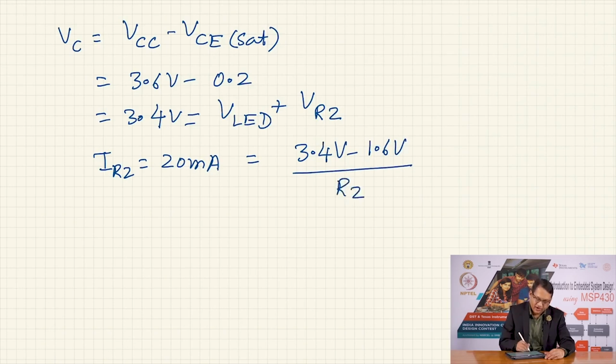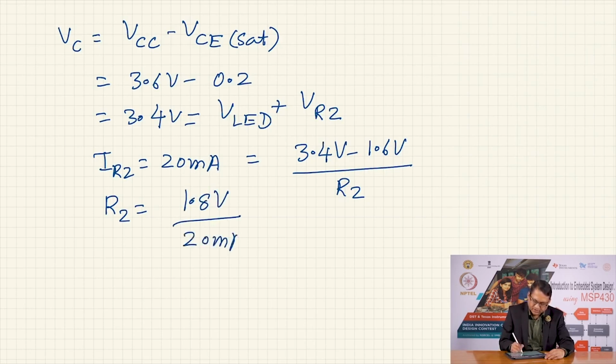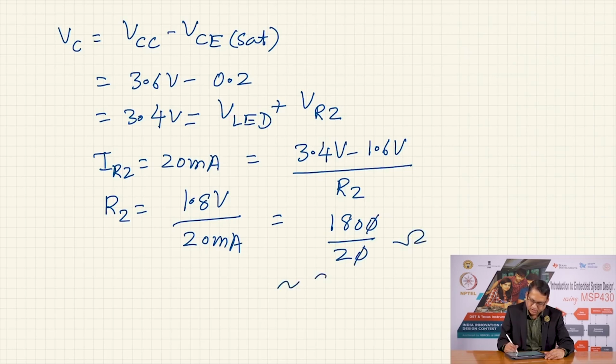So, to estimate the value of R2, since the voltage drop across the LED is 1.6, it will lead to 1.8 volts divided by the current which we want to be 20 milliamperes, which is 1800 by 20 ohms, and so this will lead to about 90 ohms.